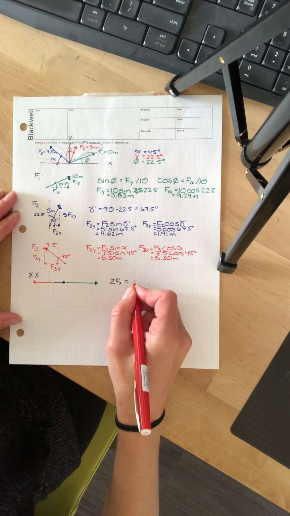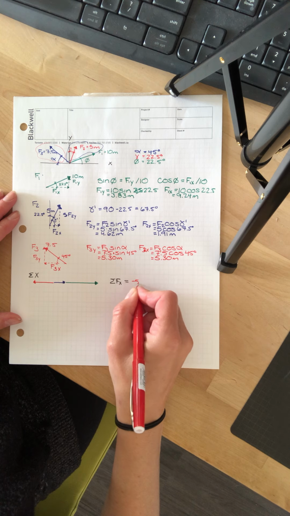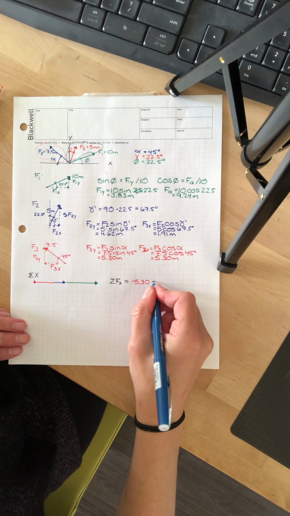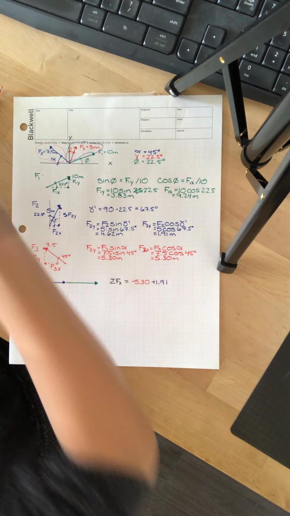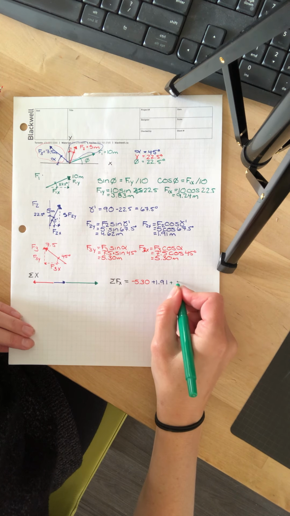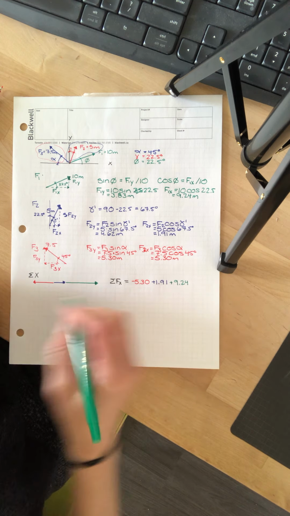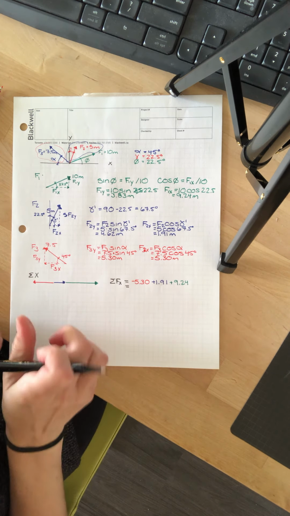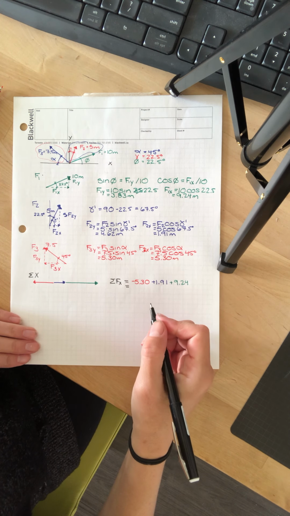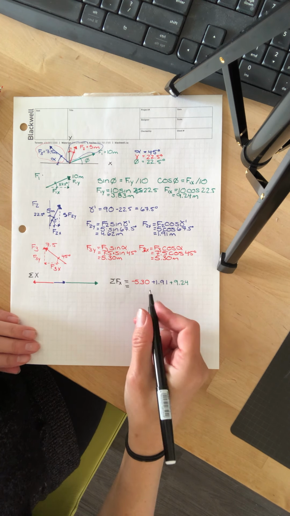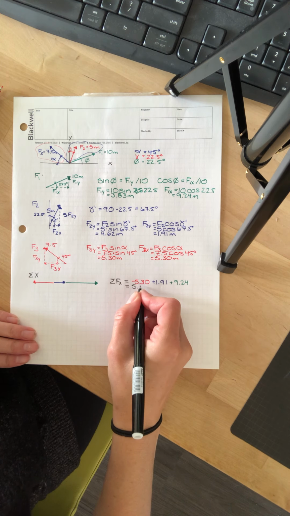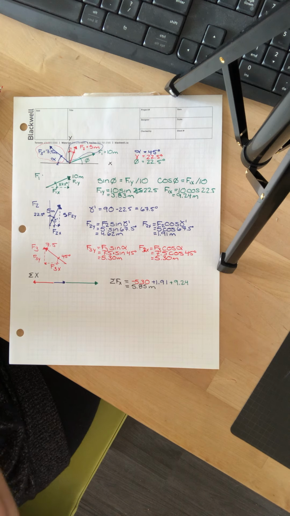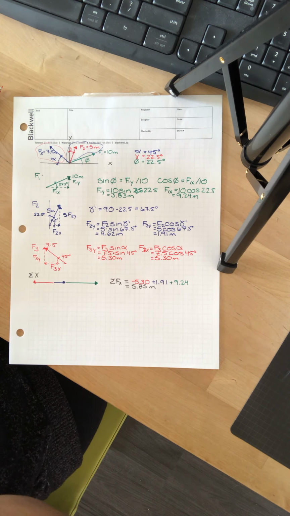We have minus 5.3, because that one's going in that direction, plus 1.91, plus 9.24. We sum all of that up, and we get that the sum of the forces in the x direction is 5.85 meters.